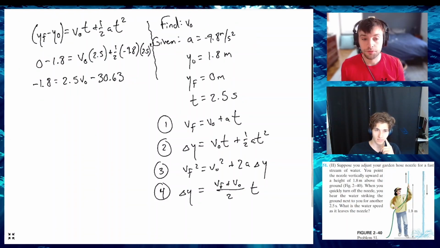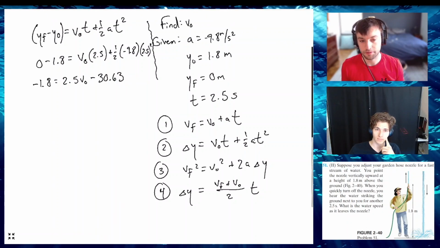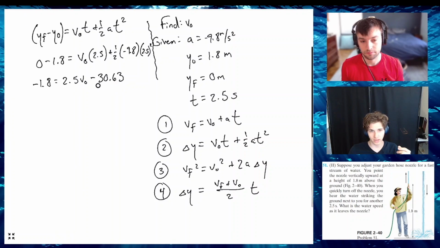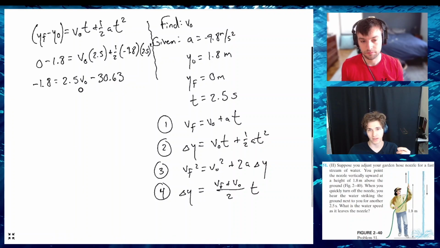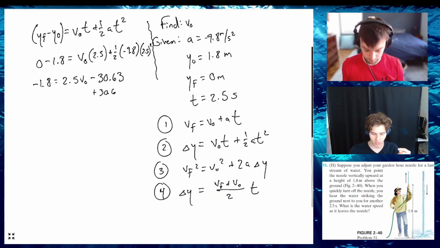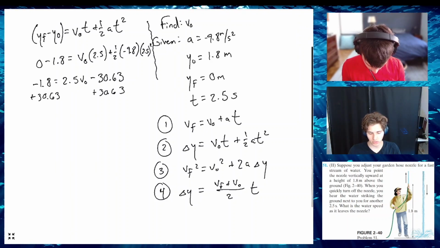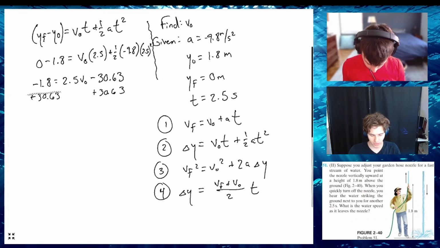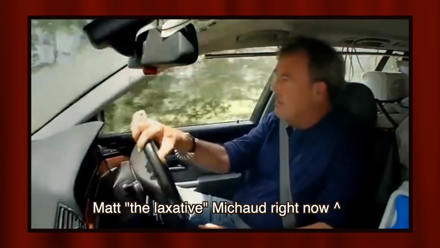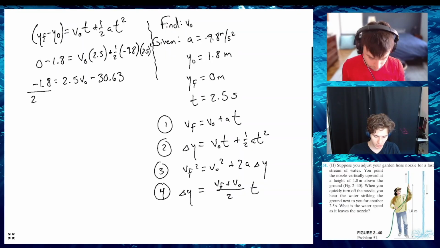What's my next step? From here, could we divide each side by 2.5? We could, but we'd have to divide 1.8, 30.63, and this by 2.5. So I think if first we add 30.63 to both sides, it's going to simplify things a lot more. Well, actually, let's do your way, just to make sure that people know that they can do it, because it is an option. So we're dividing both sides by 2.5.